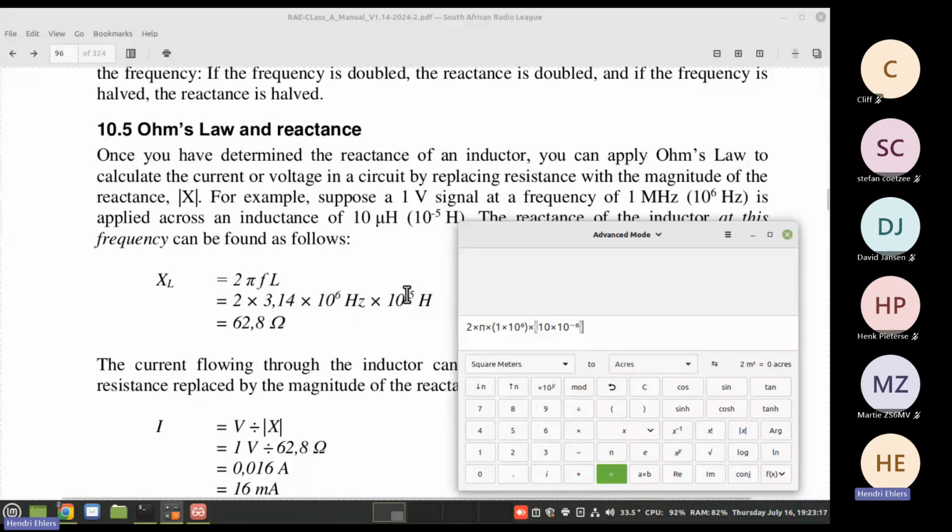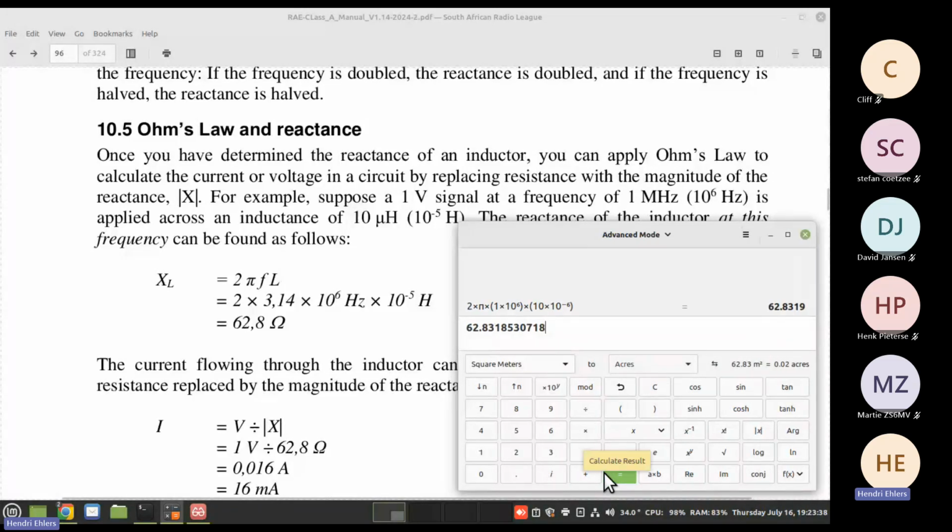And once again, they haven't put the 10 down, so this example is not actually very good. That's why I do it like this. So this 10 is then the 10 microhenries, and that 1 is the 1 megahertz. And then theoretically, if I press that button, we should get to that answer. And we did. That's good.